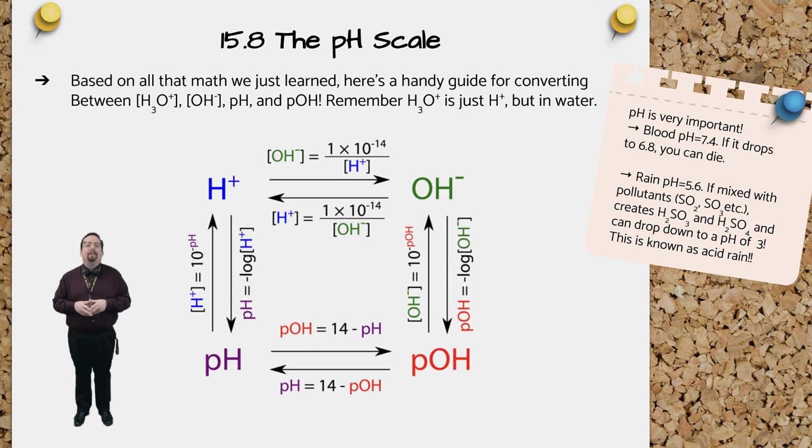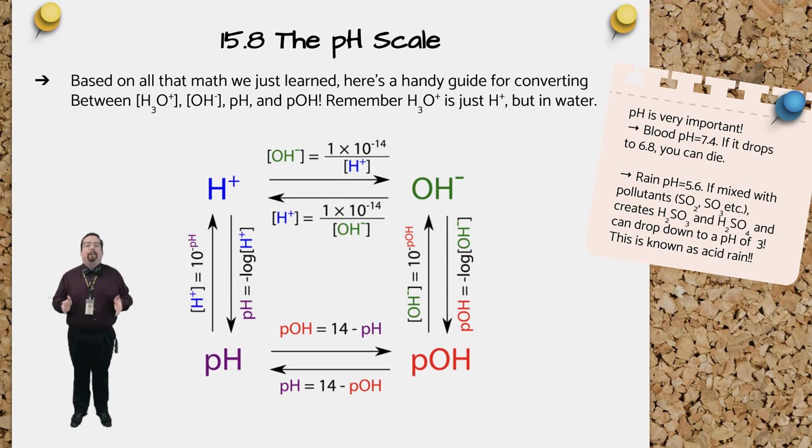For instance, the pH of our blood sticks around 7.4. If it drops much lower than that, say even down to 6.8, we're at high risk for a coma or even death. Rain, since it mixes with carbon dioxide in the air, produces carbonic acid, and it usually has a pH of about 5.6.